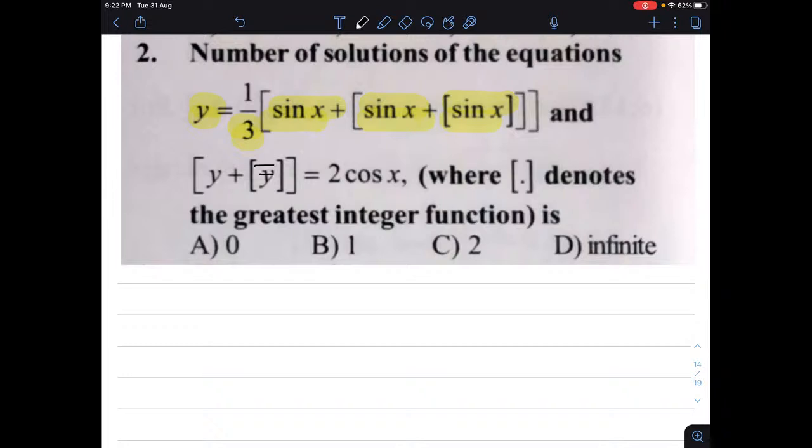Guys, once we have got the value of y, what is written? The greatest integer function of y, and y plus the greatest integer function of y's greatest integer function, is 2 cos x.